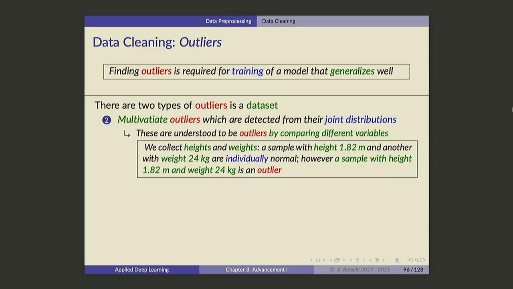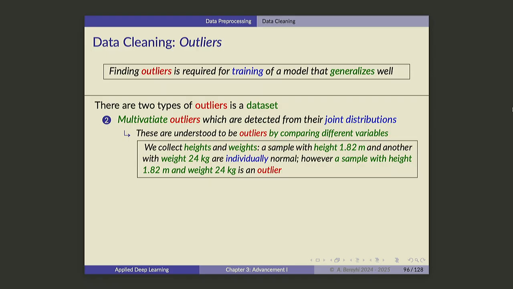Say that you get this data, that the height for one sample is 182, which is a typical height, right? Many people could have 182. The weight is 24, which is, again, a typical weight for a 6 or 7-year-old kid. But if both of them happen for one sample, this is not typical. This is an outlier.